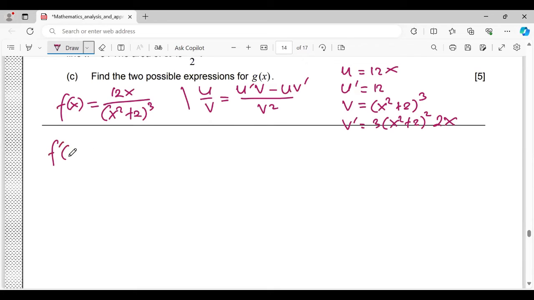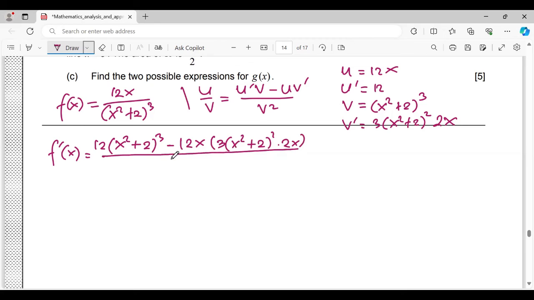Next, the derivative of f will be 12 times phi, which is (x squared plus 2) cubed, minus 12x times 3 (x squared plus 2) squared times 2x, over phi squared, which is (x squared plus 2) to the power 6.